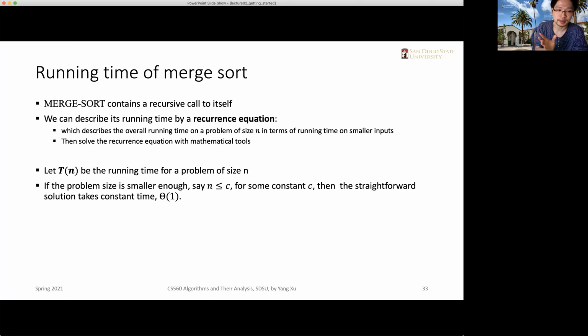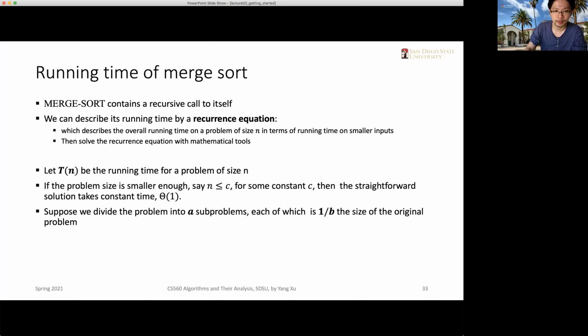Let's assume that these can be solved within a constant amount of time, written as big theta of 1. Also, let's suppose that we divide the problem into a subproblems, where a is the number of subproblems, and each subproblem is 1 over b the size of the original problem.